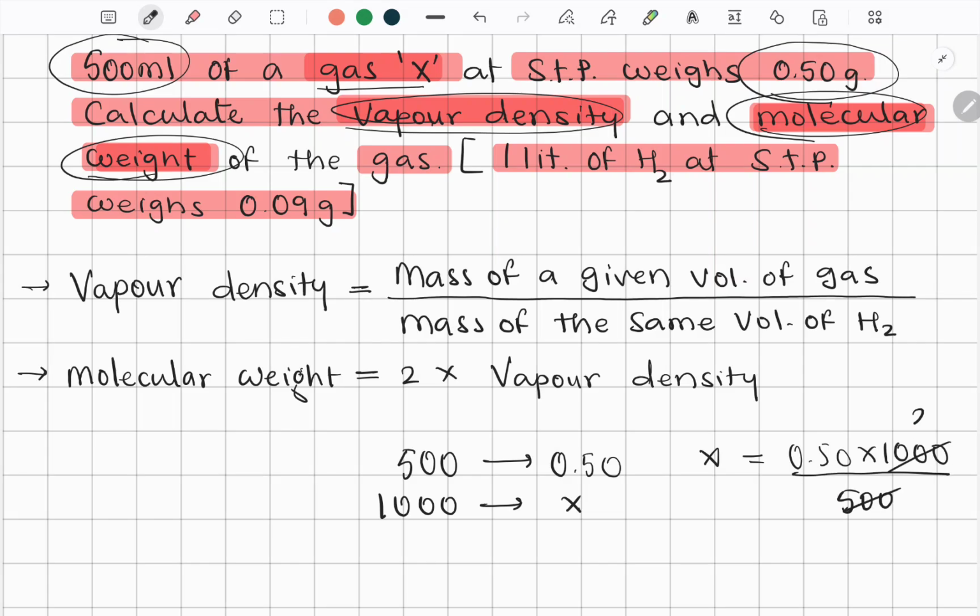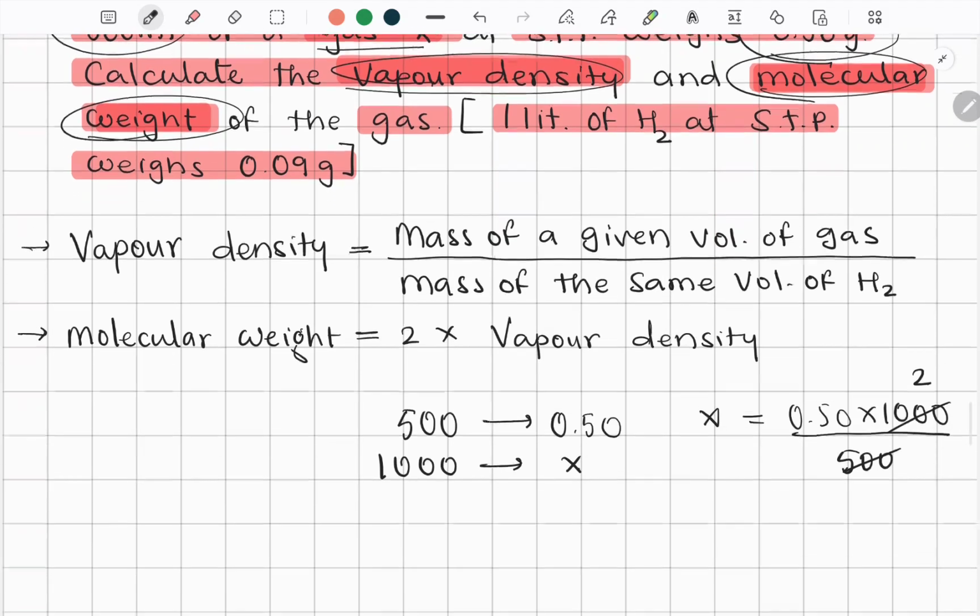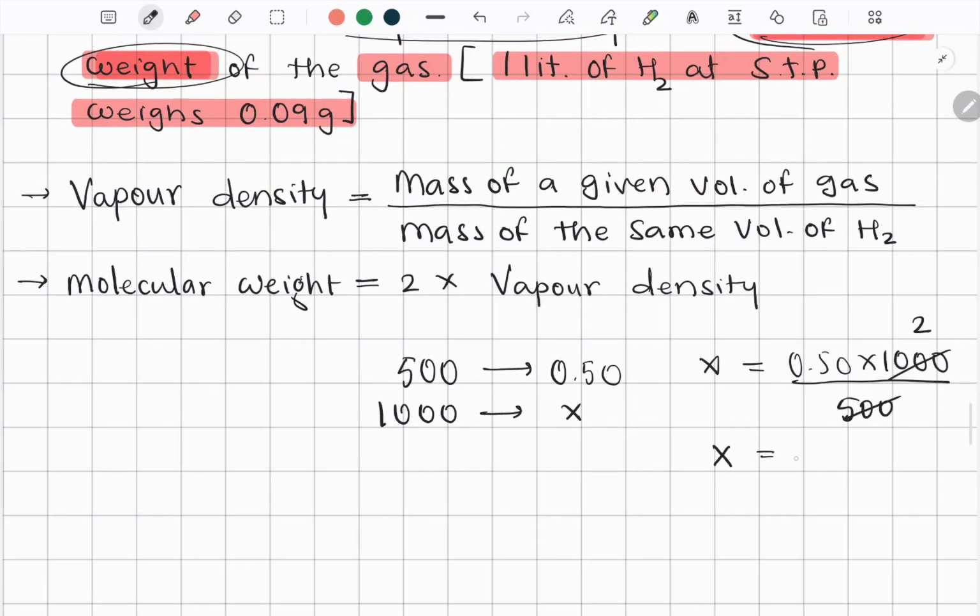So 500 goes into 1000 two times, and 2 into 0.50 will give you X equals 1.00. Now we have this 1 gram at 1000 ml. So at 1000 ml the given volume of gas is weighing 1 gram, and the mass of hydrogen at 1 liter at s.t.p weighs 0.09 gram.